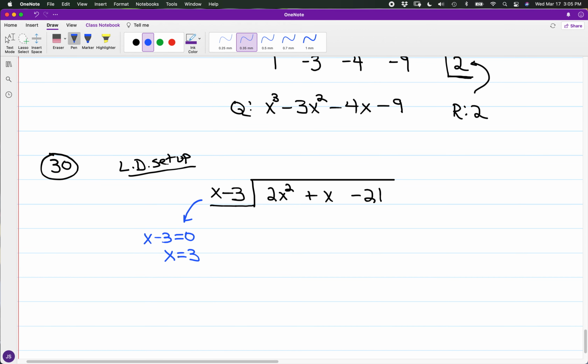So we have x minus 3 is equal to 0, so we have x is equal to 3. And with synthetic division, we have 3, again isolating 3, and with the other numbers, those are the coefficients: 2, then 1, and finally negative 21.